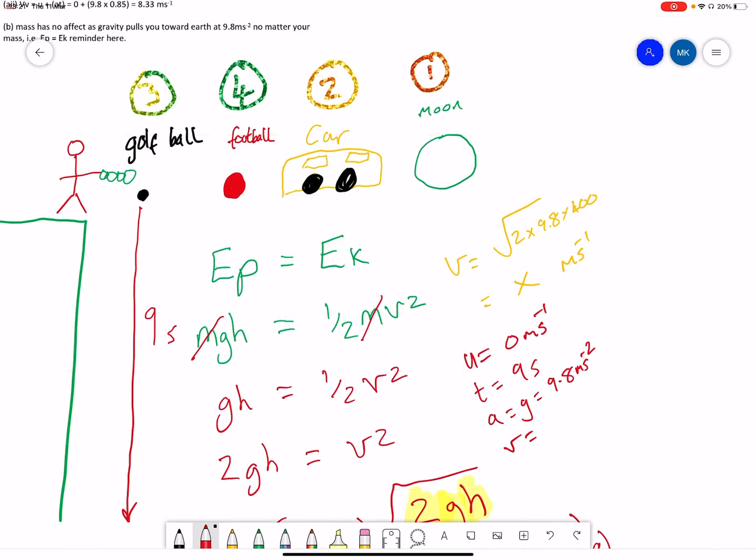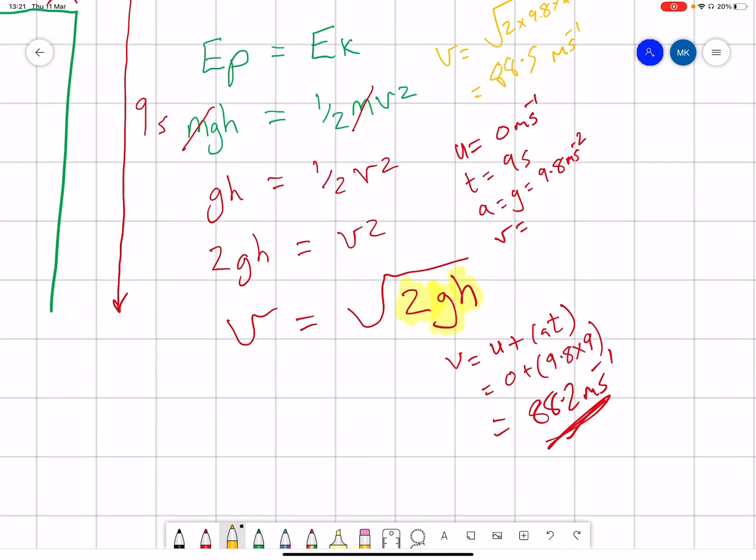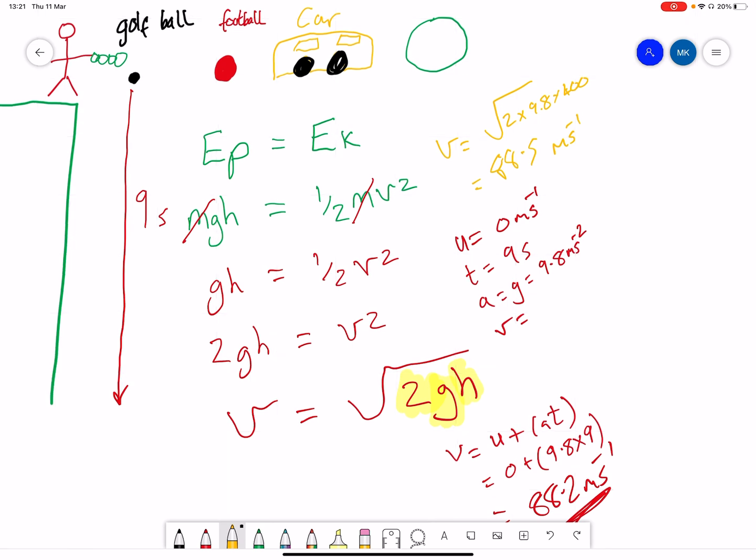And I'm just going to go back and do the other one, to make sure it comes to the same number. 2 times 9.8 times 400, the square root of 7,840 is 88.5 meters a second. 88.5, 88.2, same number, same speed, doing it two different ways.